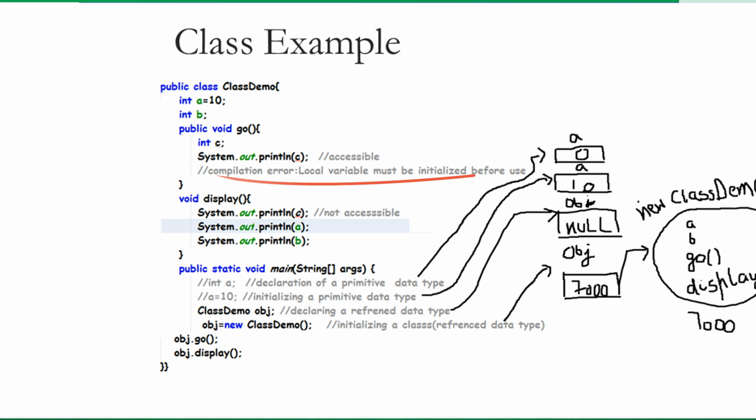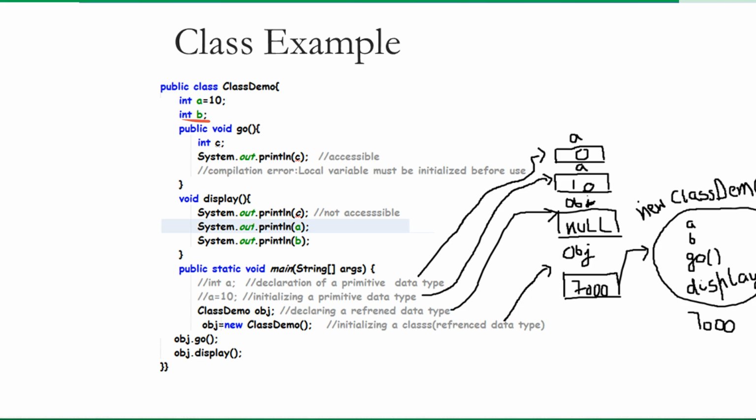Okay, it is not true for global variables. I have told you that a default value is given to every variable in Java, but it is true for only global variables. A default value is not given to any local variable, as int c is a local variable, so a default value will not be given to it. Okay, so that is why it is giving us a compilation error that local variables must be initialized before use.